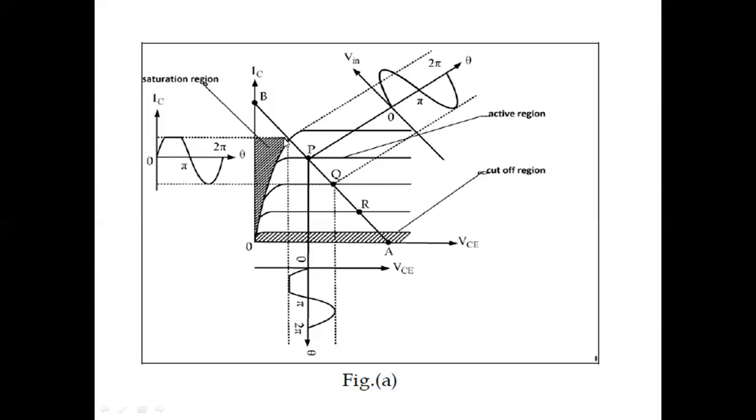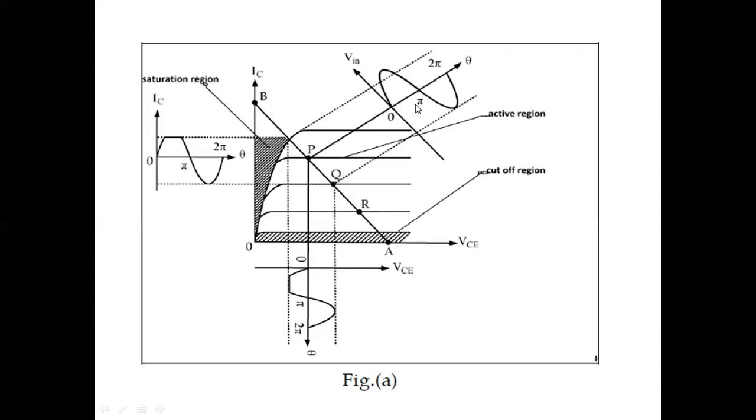If you observe this waveform, since the operating point is close to the saturation region, the positive peaks are clipped. Similarly, if the operating point is selected close to the cutoff region, the negative peak is clipped. If you observe this case, what happened?